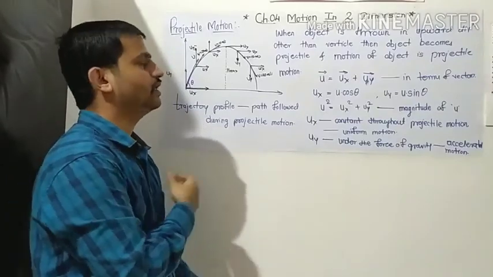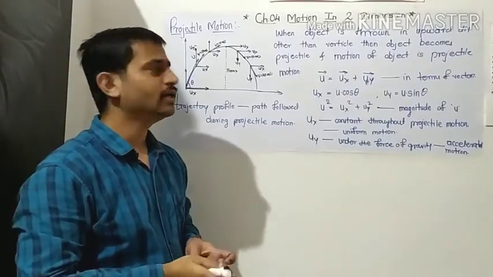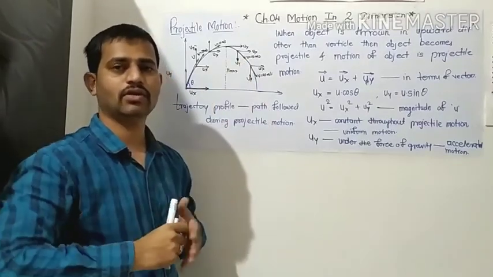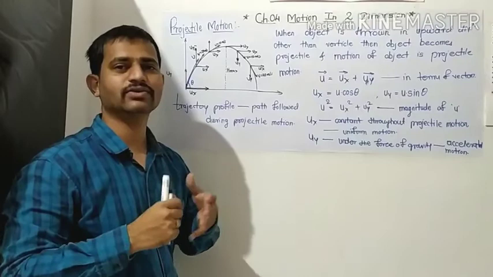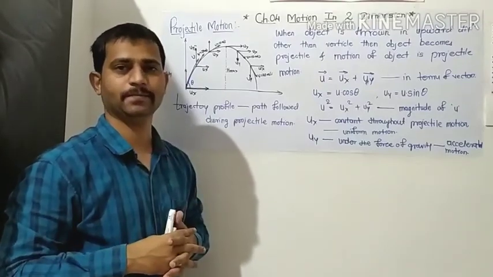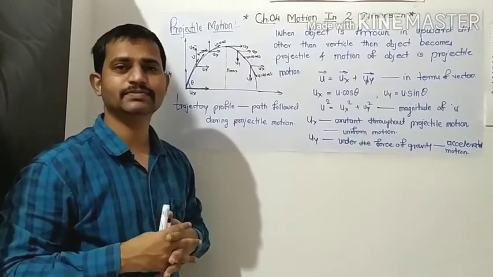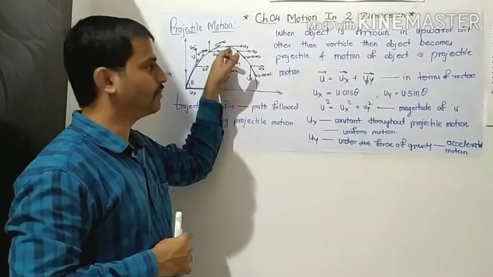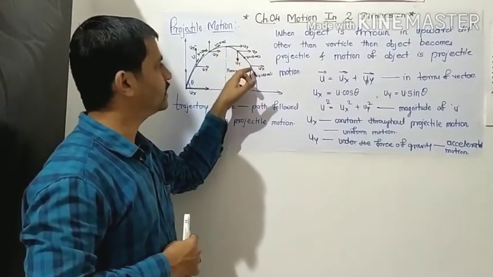So accordingly, why does this velocity go on increasing? Because the force, or the acceleration due to gravity, acts on that object in a vertically downward direction, which increases its speed. Here it has zero velocity, and from this point its velocity goes on increasing again.